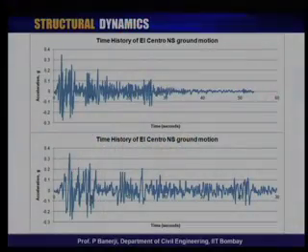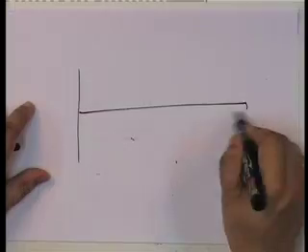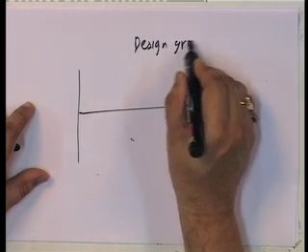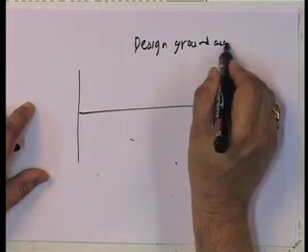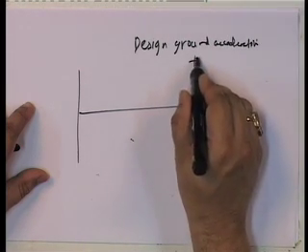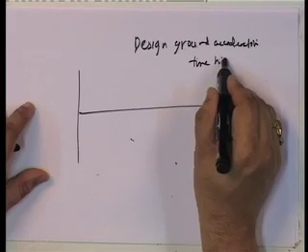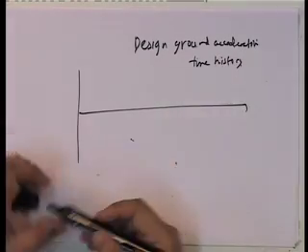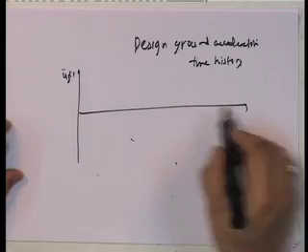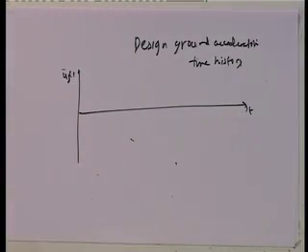You see, it is much easier to define a design response spectrum than to define a design ground acceleration time history, isn't it? How on earth am I going to be able to define anything unless I define it?